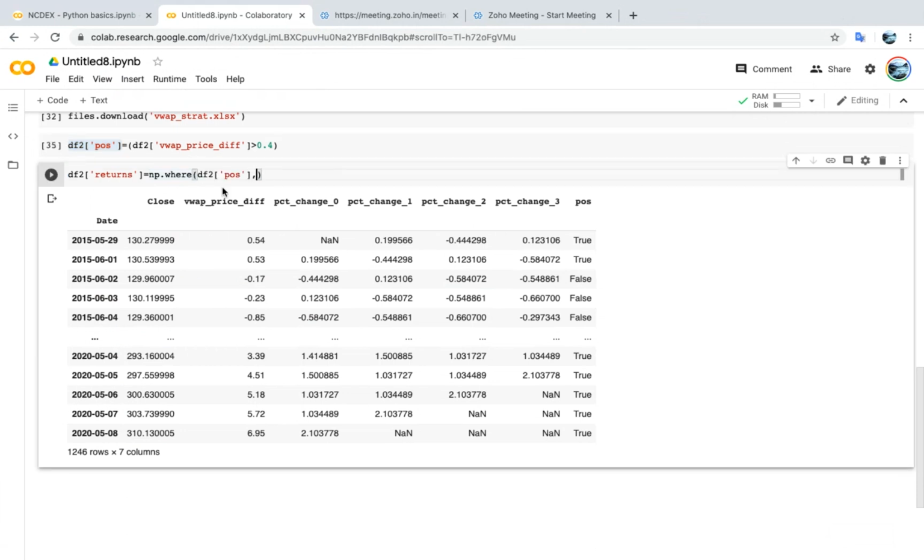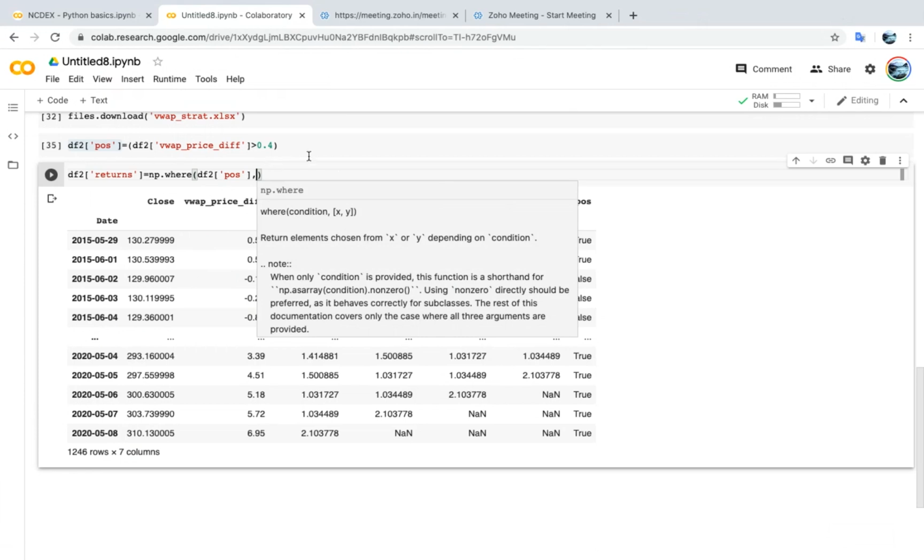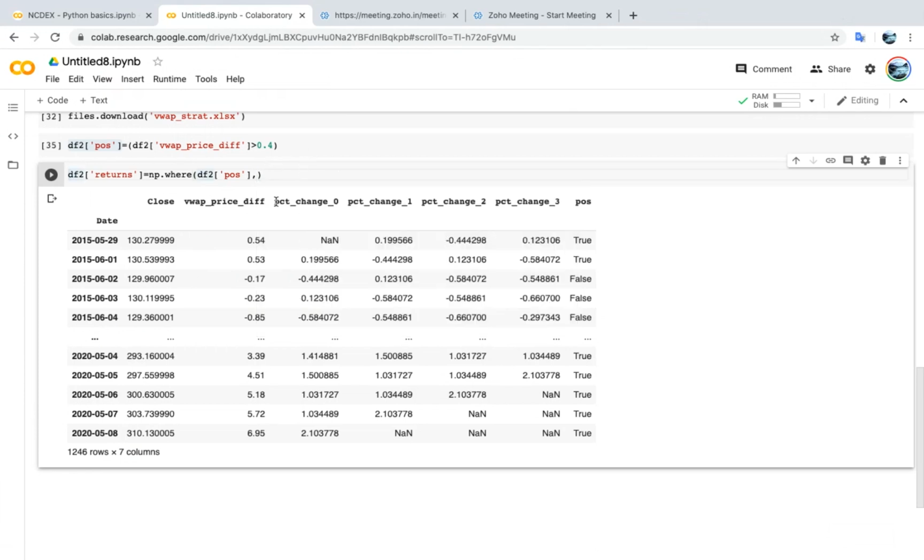Then we cannot take the current day percentage change because we didn't know the VWAP price difference on that day. We will get to know the VWAP price difference only after the 0th day, that is the next day. So we are assuming that we will take the position in the morning. So whatever gains we get on the day, percentage change 1.